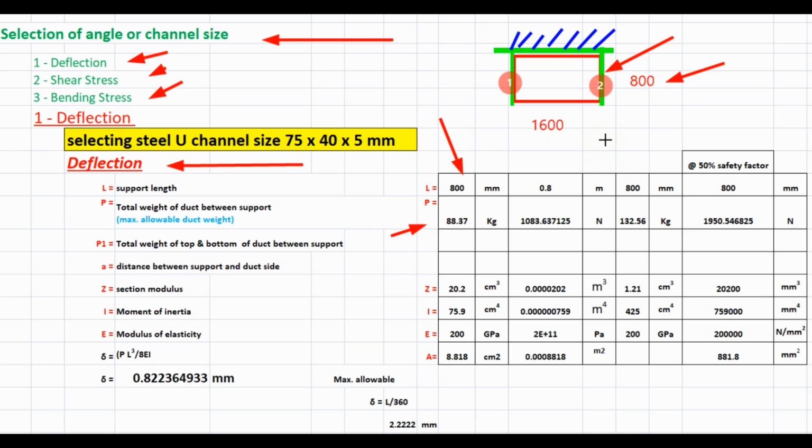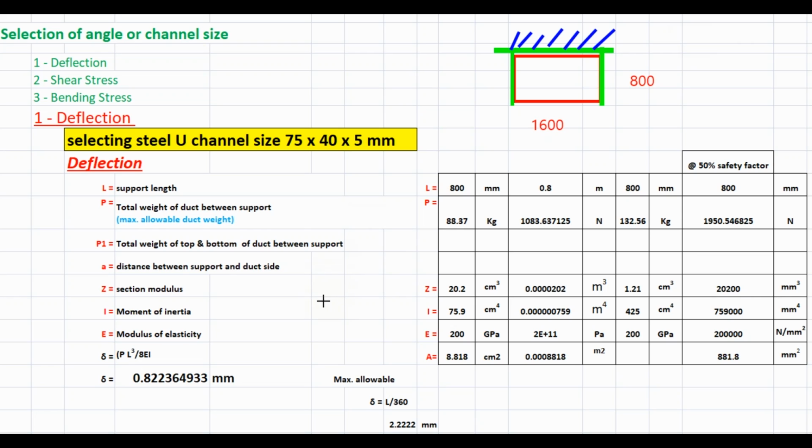Then after adding 50%, the total duct weight became 132.56 kilogram and in Newton 1950 Newton. Section modulus for this U channel is 20.2 cubic centimeter. Moment of inertia in centimeter is 75.9 and cross sectional area for this channel is 8.818 centimeter square.